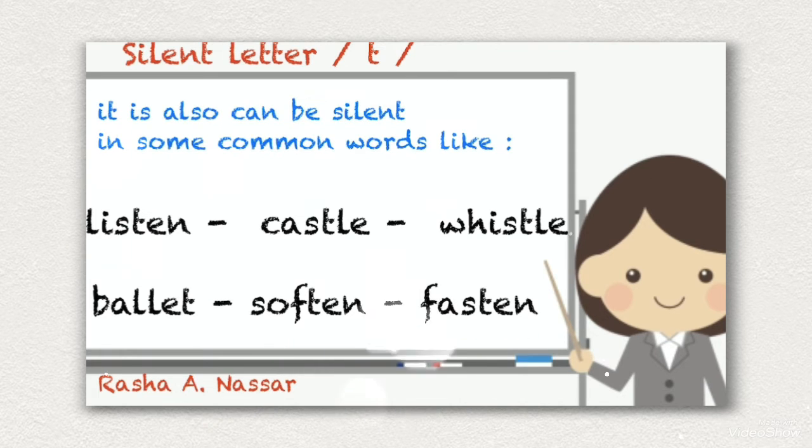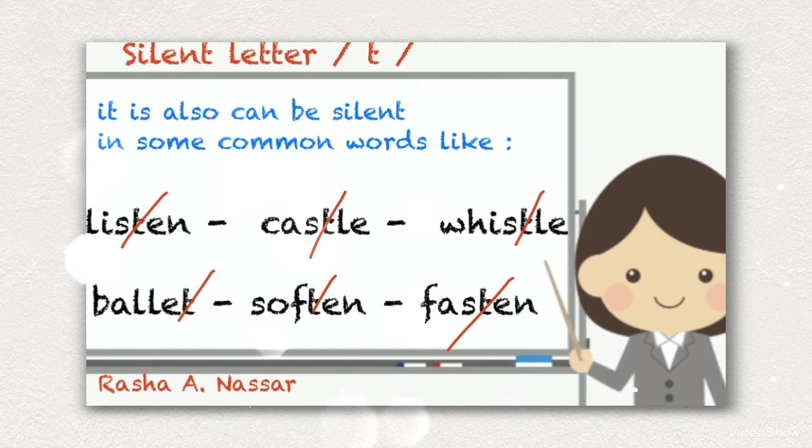So in all these words, we will not pronounce letter T. Why? It is a silent letter in these tricky words. So here, listen, here, castle, here, whistle, here, ballet, here, soften, and here, fasten.